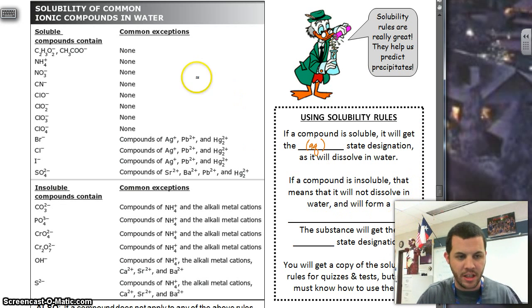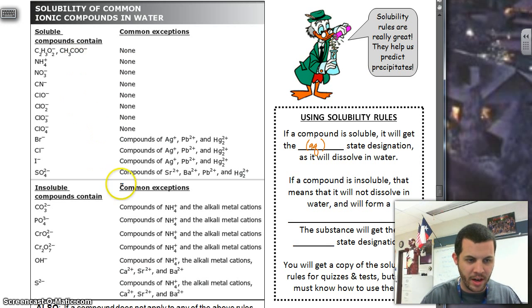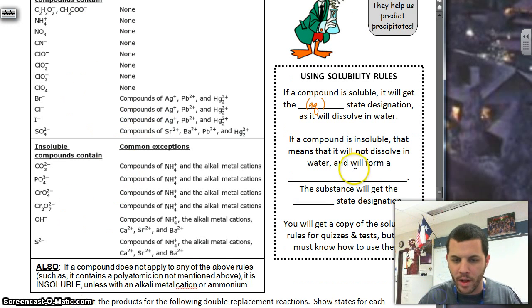If it's insoluble, so if we look on this little side over here and we see that it's insoluble, that means that it's going to form what's called a precipitate, and it's going to get the solid state symbol designation.